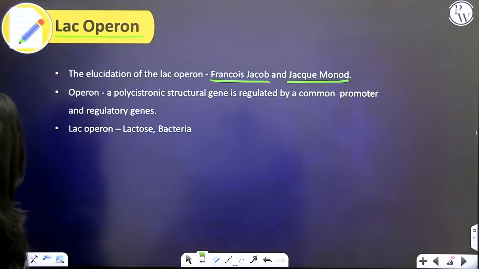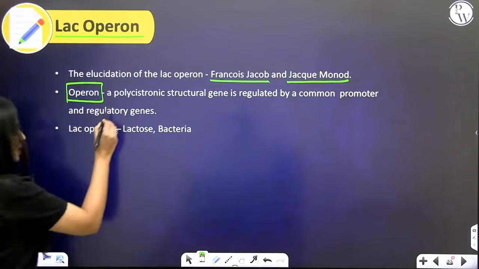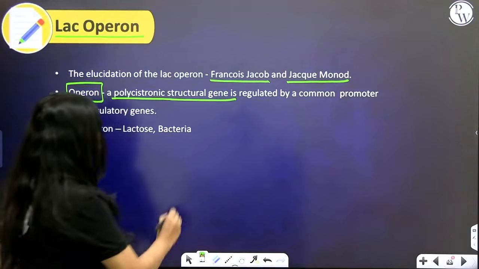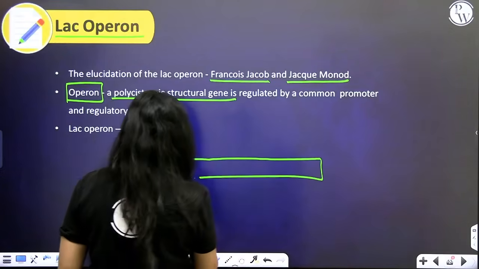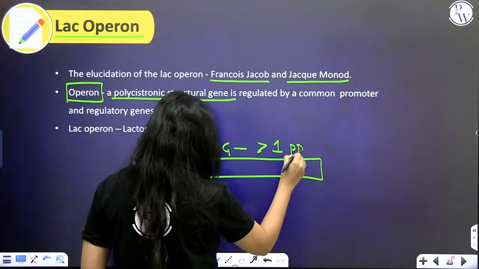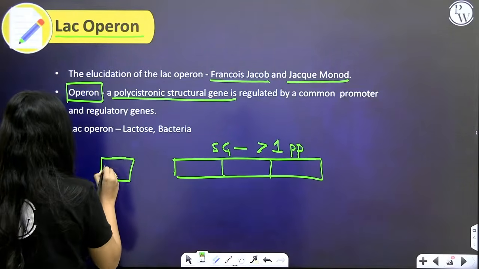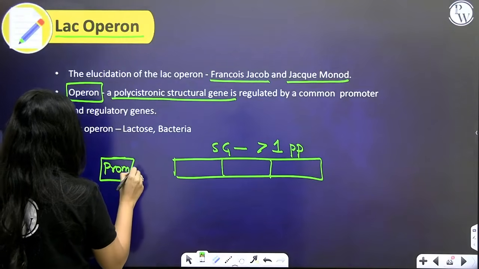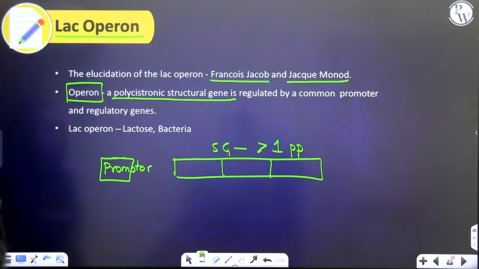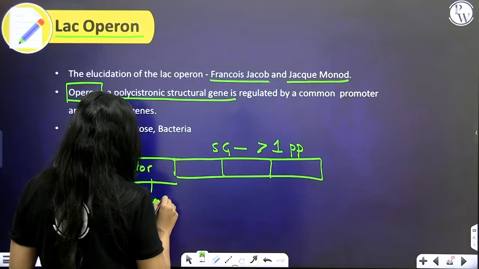What is an operon here? I'm telling you this is about prokaryotes. So obviously the structural gene is going to be polycistronic. And this polycistronic gene, this structural gene that is coding for more than one polypeptide, if this is controlled by a common promoter, it is called an operon. Not just the promoter, along with the promoter, there will be certain regulatory sequences as well.